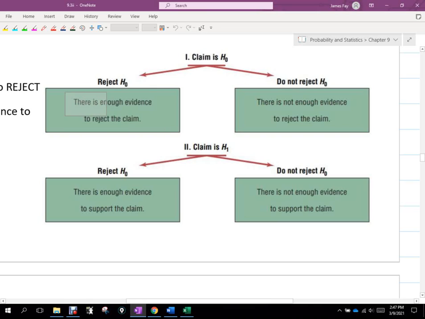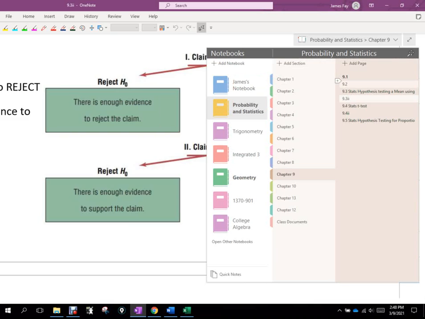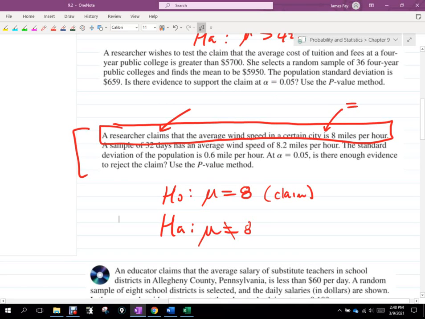Then this is what we would do. This is kind of the start of our conclusion or our summary that we would make in that last step of hypothesis testing. So let's say the claim is the null hypothesis, because that's what was going on right here. Let's say that we reject that.